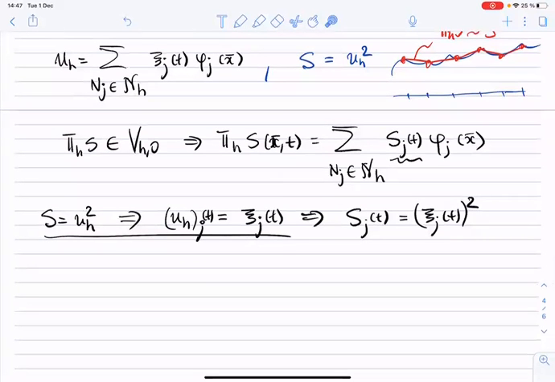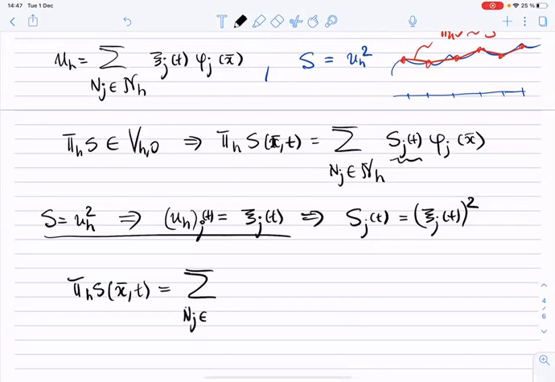Then we write the interpolant, so PhS in space and time is equal to a linear combination: Nj from the set of interior nodal values, psi j square t phi j x.